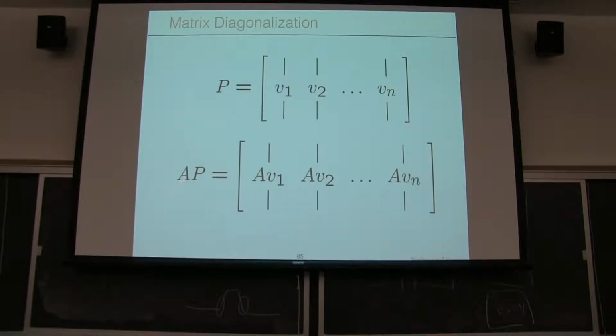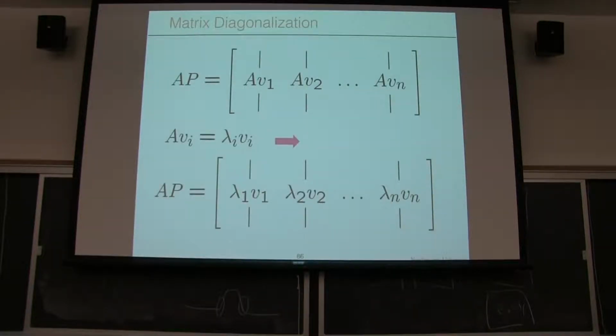When I multiply by A on the left, this column becomes Av1, this column becomes Av2, and that column becomes Avn. But these vectors were the eigenvectors, so when I multiply A by v, what I get is lambda times v.